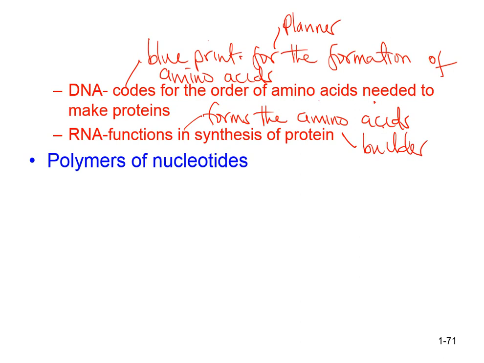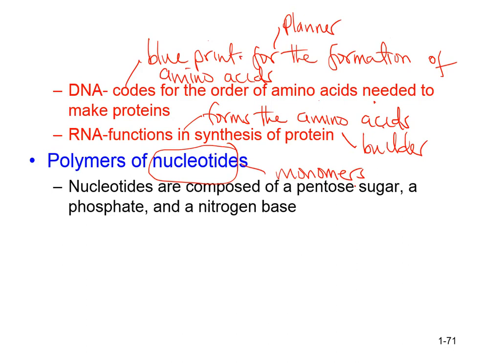So these are polymers. DNA and RNA are polymers, and the monomers are called nucleotides. So these are the monomers for DNA. Nucleotides are composed of a pentose sugar. It's a five-membered ring sugar.